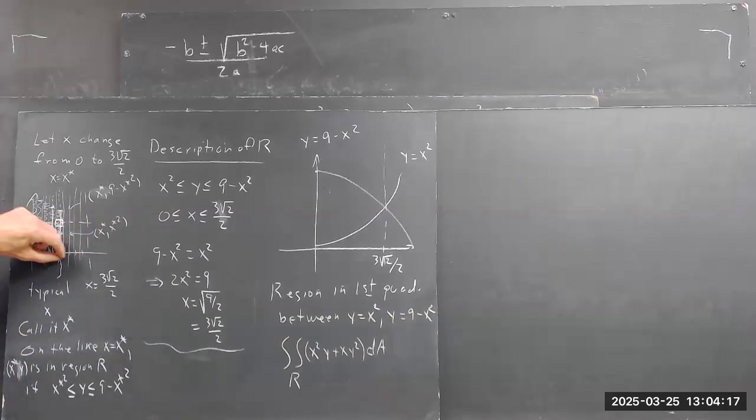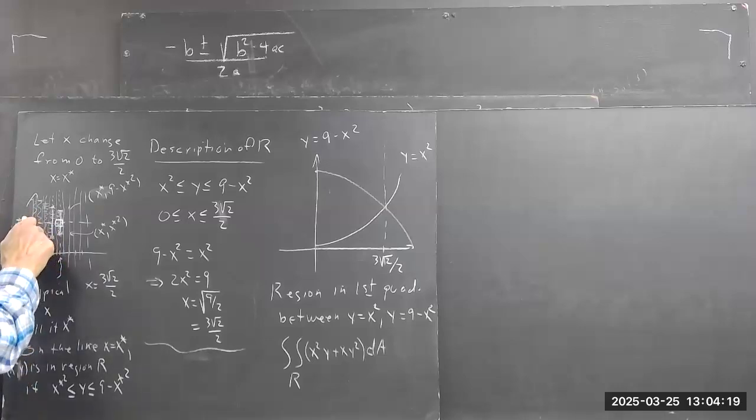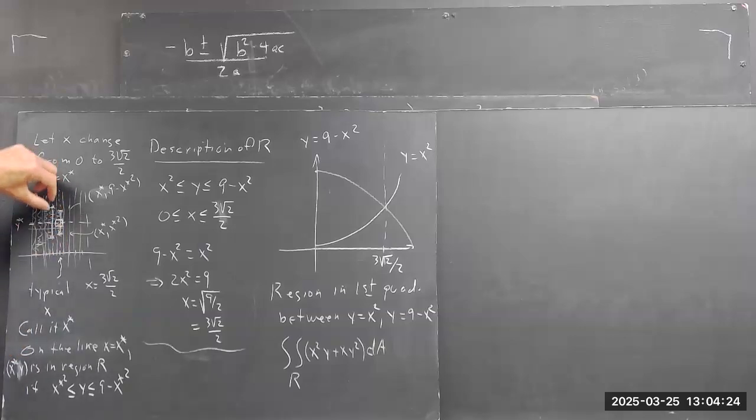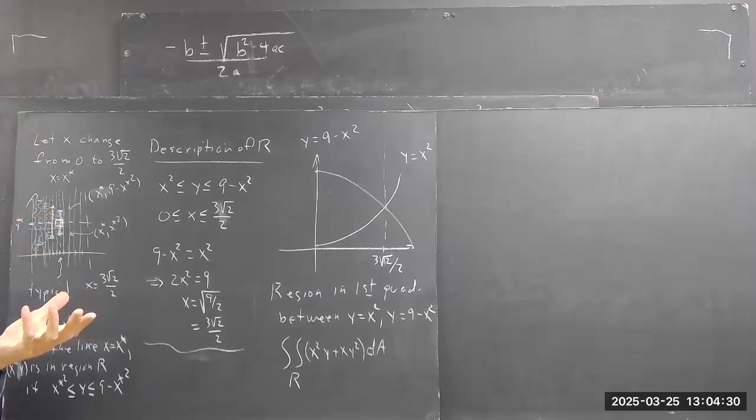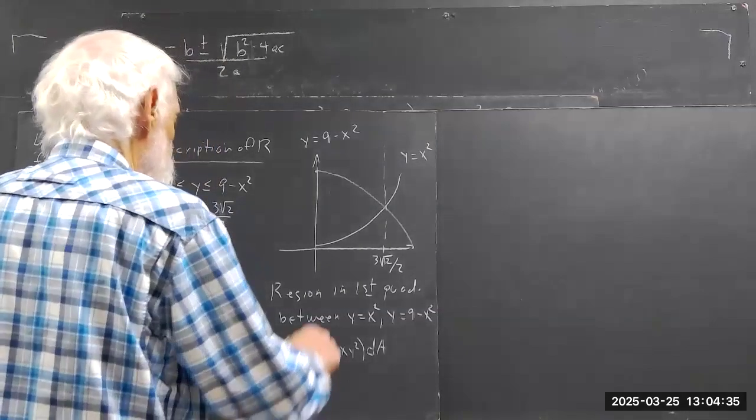So that within this X increment, I have a Y increment. And within the X increment, I have a Y increment that's a square. Make sense? Okay, so this picture's getting a little fuzzy.